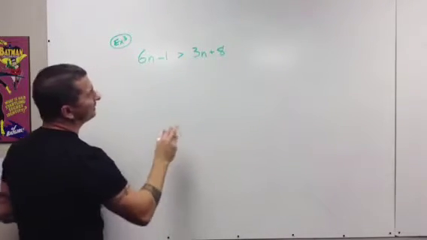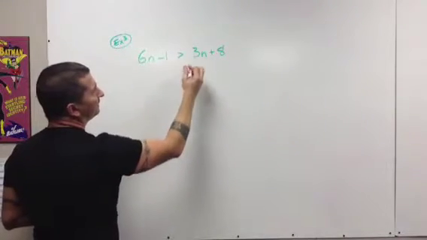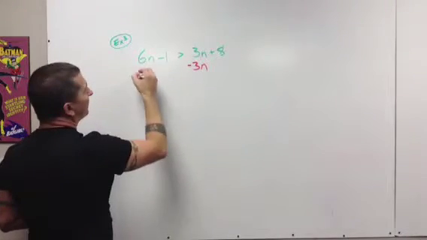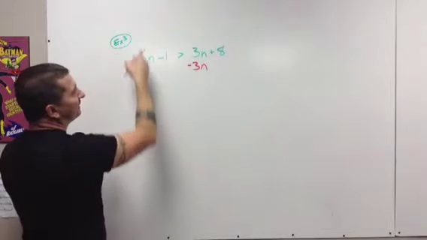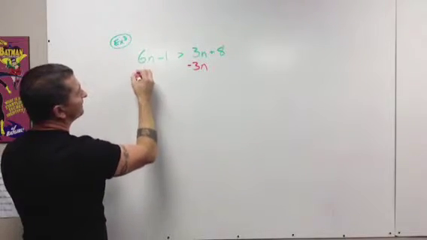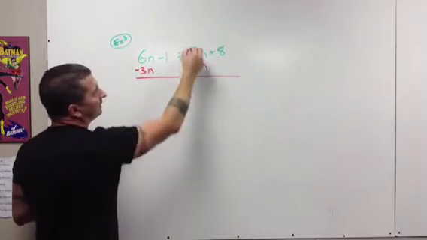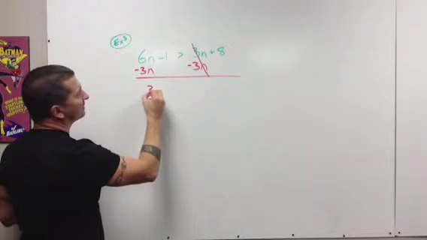This is very easy to do. Since we're going to eliminate this 3n from the right, we just subtract 3n. Now what we have to be careful for is we have to subtract 3n from the like term. So this is 6n on this side. We have 6n minus 3n, which gives us 3n.